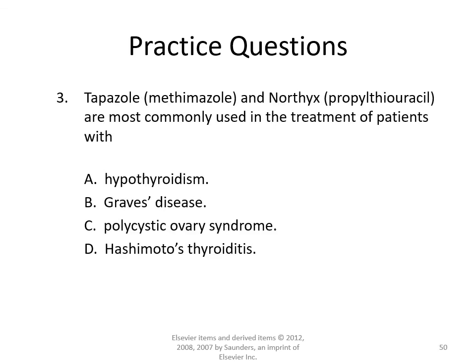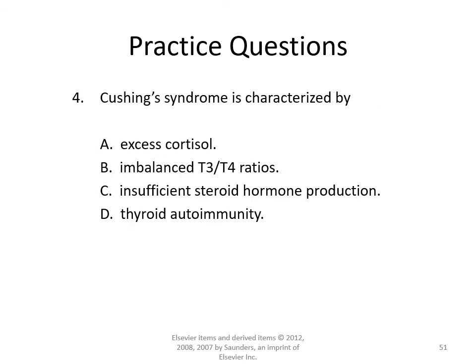Number 3, tapazole and Northix are most commonly used in the treatment of patients with, and this is answer choice B, Graves' disease. Number 4, Cushing syndrome is characterized by, and this is answer choice A, excess cortisol.